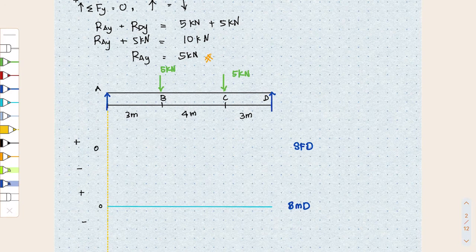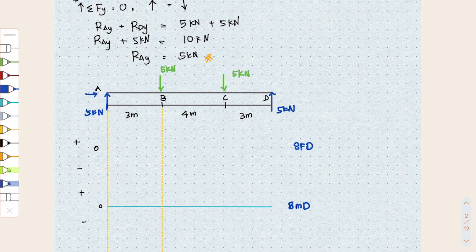Kita kena buat garisan, lukis balik the beam yang you kira tu, okay? And sebenarnya you dah ada the value of RAY, RAX, RDY. RAY adalah 5 kilonewton, RDY is 5 kilonewton and RAX is 0.